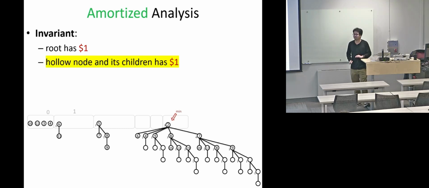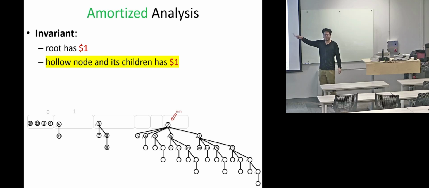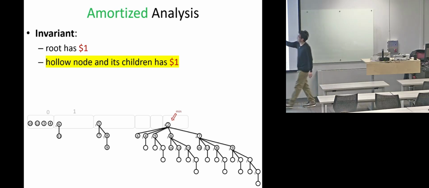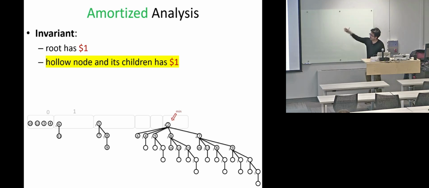I'm going to put $1 on each hollow node, and also its children. I put $1 there too. Okay, so this is the invariant. This is a new idea. But with this invariant, now let's try to analyze the cost that I need to pay per operation.